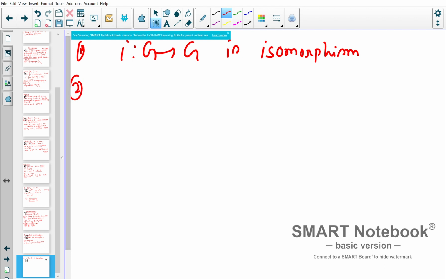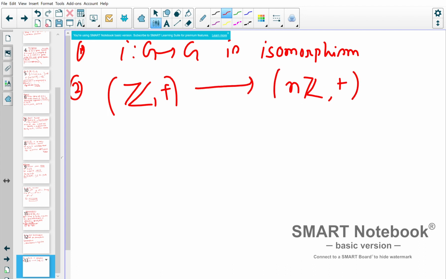So now let me start with some non-trivial examples. You remember that I showed that Z is a group with respect to addition, and then nZ is also a subgroup with respect to addition. Okay, same addition, and here this is modulo n obviously. Then I can define my phi.